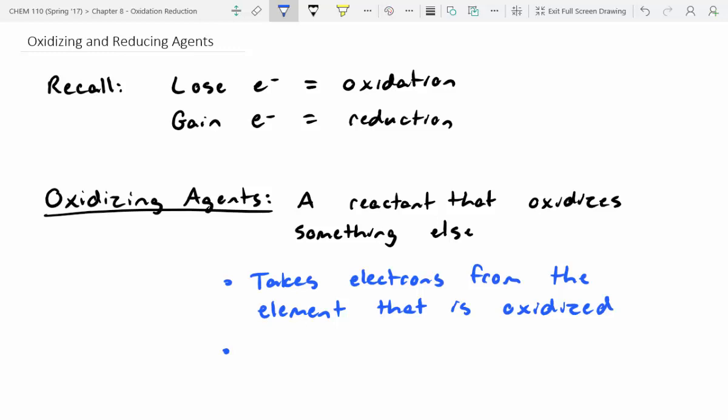If your oxidizing agent is taking electrons, is it being oxidized or reduced? It's being reduced. That confuses the heck out of students, where they're like, why would an oxidizing agent be reduced? And it's not that it's getting oxidized, it's helping something else be oxidized. That means it needs to be the counterpart to the thing being oxidized. Therefore, it must be reduced in the process. It's weird to think about it that way, but that's how chemists like to define it.